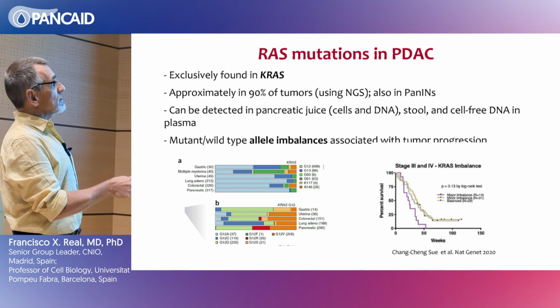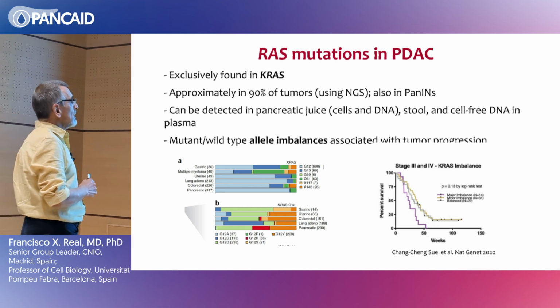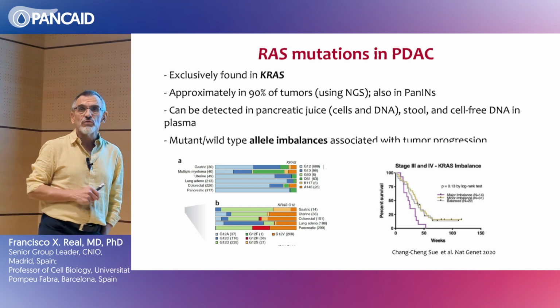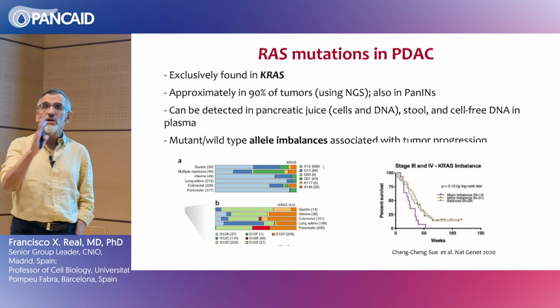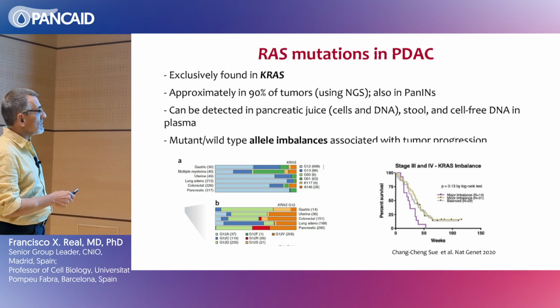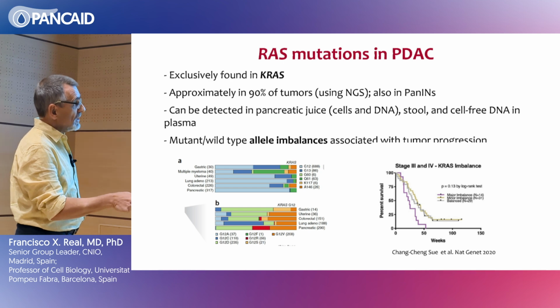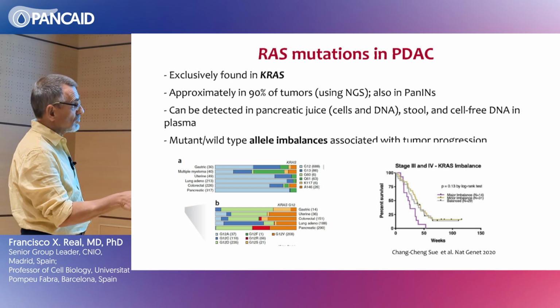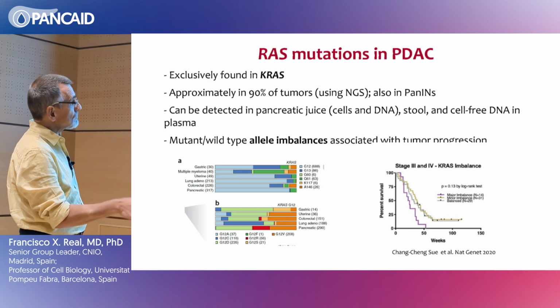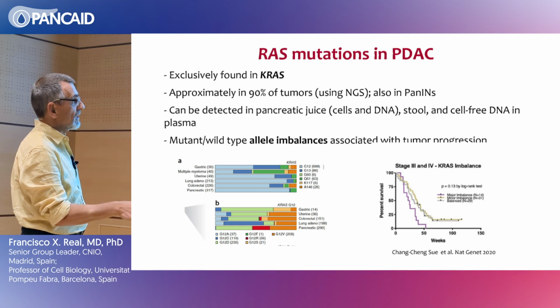Mutant to wild-type allele imbalance, which I'll go back into a little bit later, is associated with tumor progression. So this is an oncogene where there are allelic imbalances. You can see here that these allelic imbalances may be very important because patients whose tumors show an allelic imbalance have worse outcome.